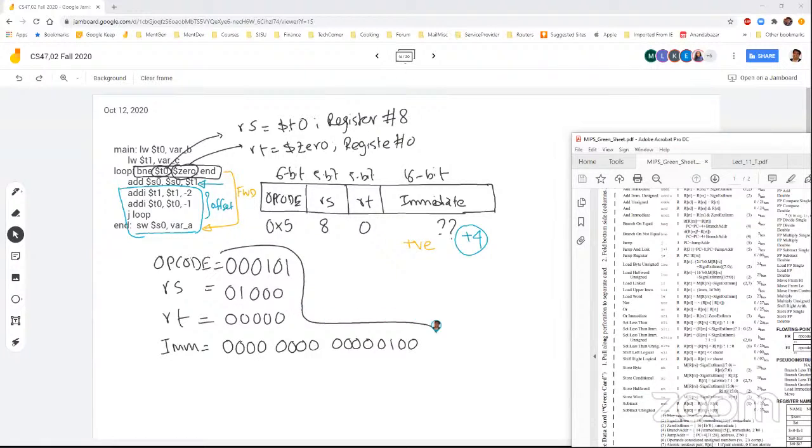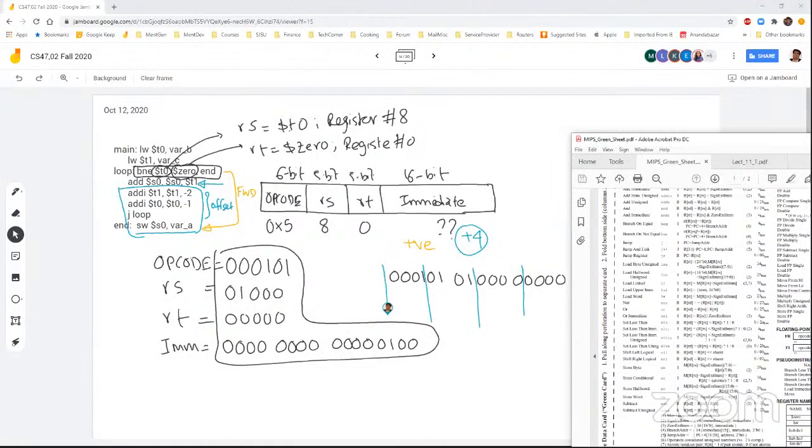So my machine code would be 0, 0, 0, 1, 0, 1, 0, 1, 0, 0, 0, 0, 0, 0, and then zeros, ending with 0, 1, 0, 0, right? To write it in hex format, we group by 4: 1, 2, 3, 4, and so on.